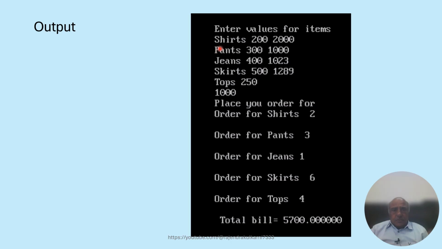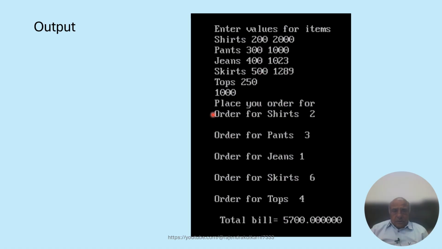The first input I gave was shirts, cost is 200 and inventory is 2000. Then I entered pants, then jeans and skirts and tops with their value or price and inventory.